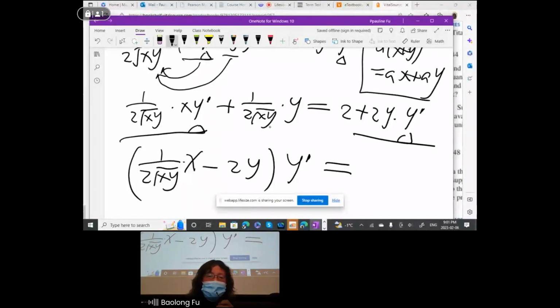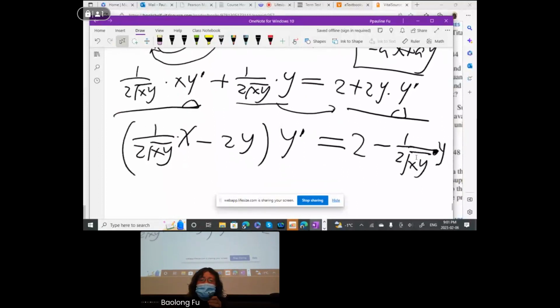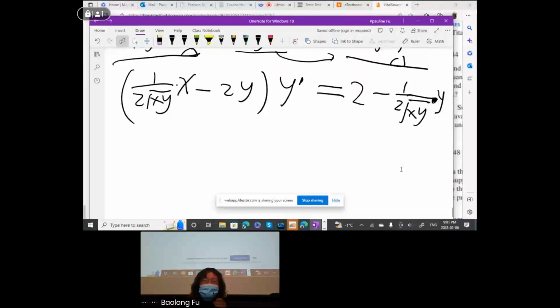And then I move this item to the right-hand side. And now I solve for y prime.